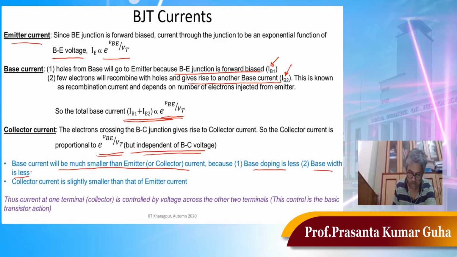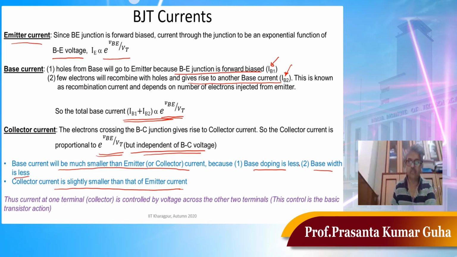What about the collector current? It is very close to that of the emitter current, simply because most of the carriers which come to the base will be able to reach the collector, because very few of them will recombine, since the base width is small. So most of the carriers which manage to come to the base will be able to reach the collector if proper reverse bias is given on the base collector side.